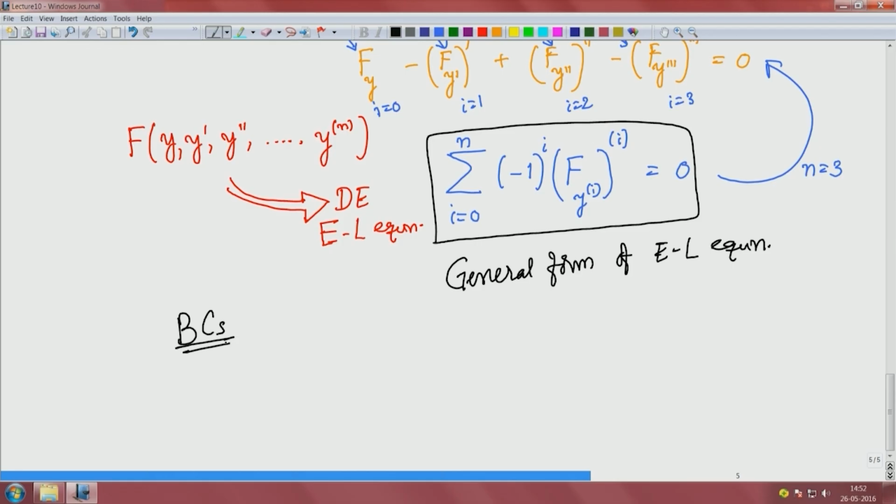Again, you have to work it out one by one and see the pattern, but once you find that pattern, you will realize that it will look something like this.